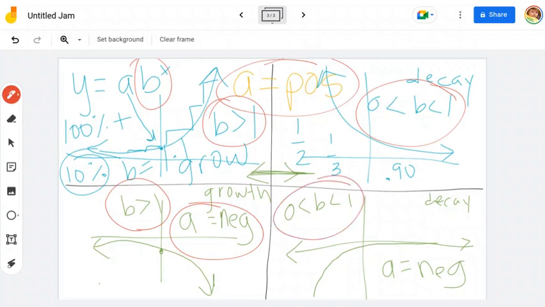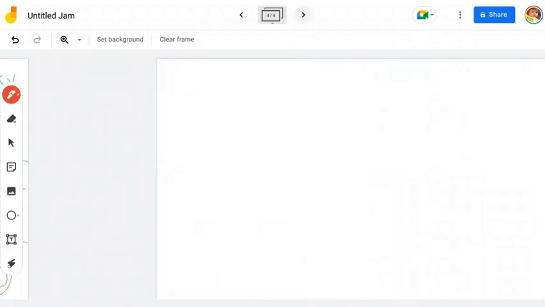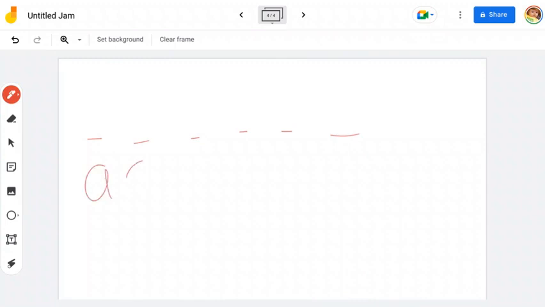It can decay, and the A will be negative, but it's going to start at a very large negative number and become a very, very small negative number and get close to this imaginary line we talked about. That imaginary line, by the way, remember it's called the asymptote.